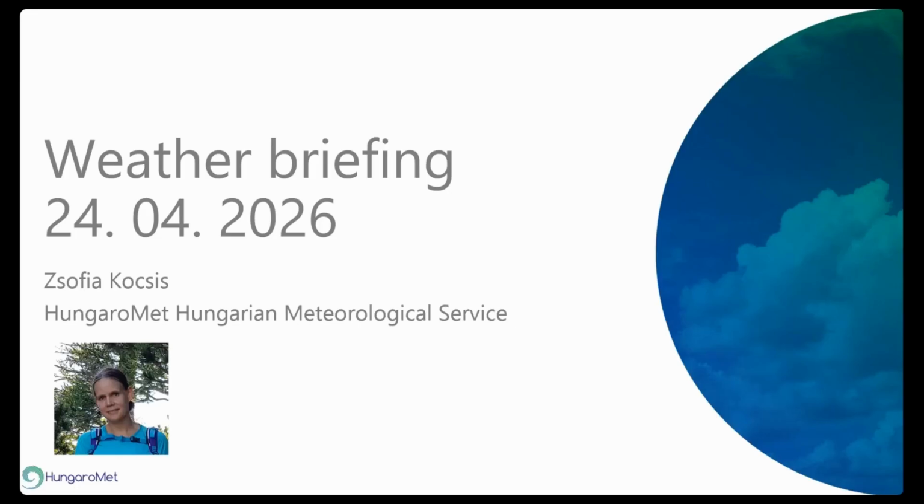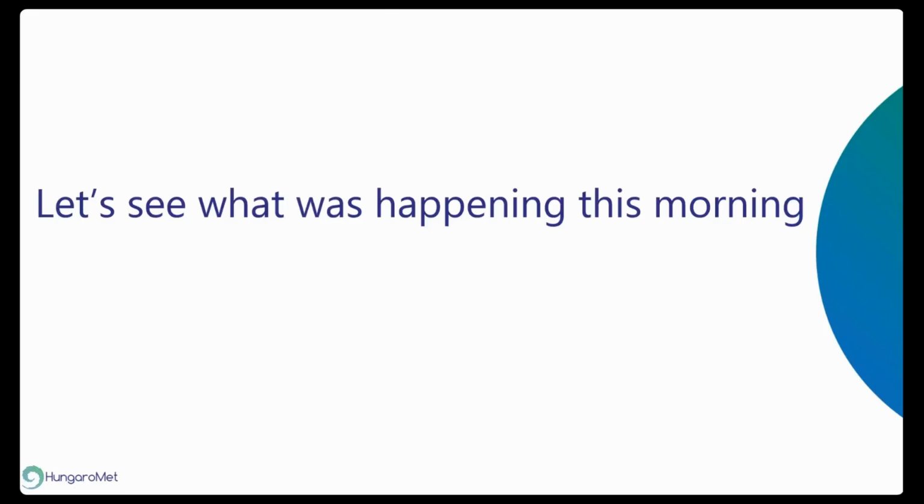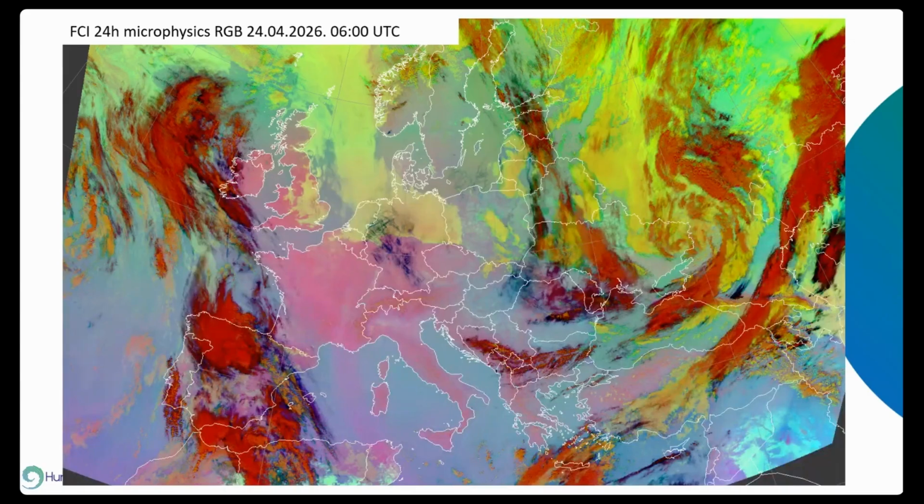So let's see first what was happening this morning in Europe. I have put here the 24 microphysics RGB from the FCI data, and I like this RGB because we can use it day and night.